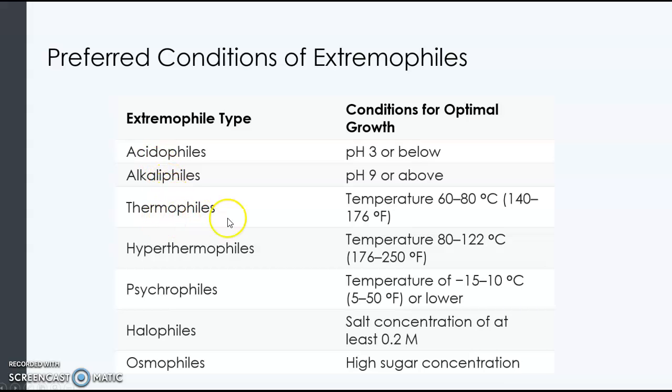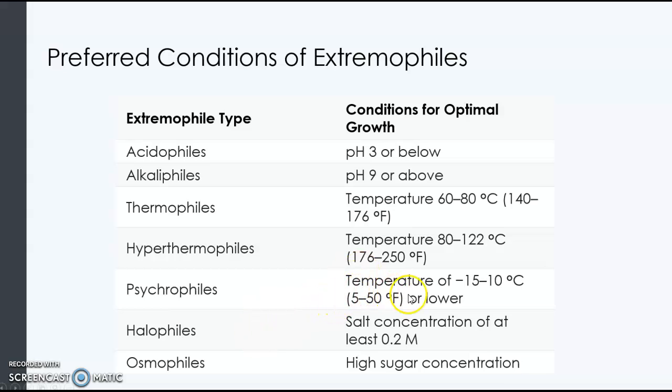Thermophiles love heat, so the temperature is hotter than what normally supports most organisms. You probably don't relate to 60 to 80 degrees Celsius as well, but in Fahrenheit it would be between 140 and 176 degrees Fahrenheit.